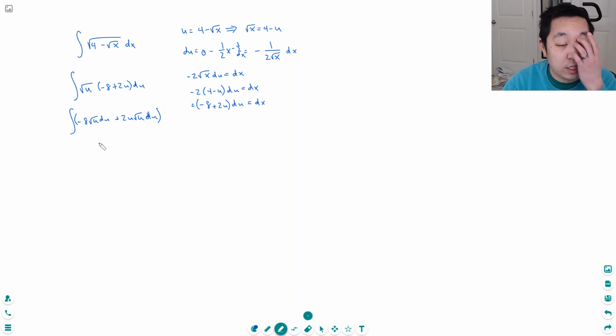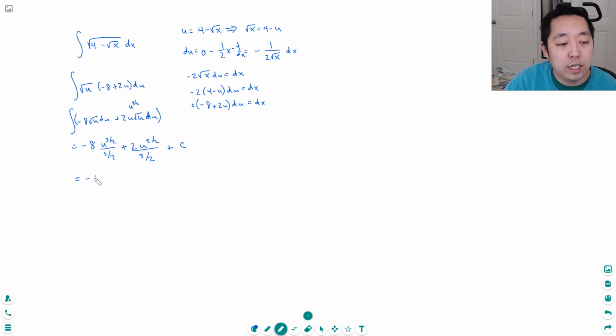And so these are actually integrals I can solve. This is u to the 1/2, so I just apply the power rule. So this is negative 8 u to the 3/2 divided by 3/2. This here is already u to the 3/2, right? Because u to the first times u to the 1/2 is u to the 3/2. So this is plus 2 u to the 5/2 divided by 5/2, and then plus c.